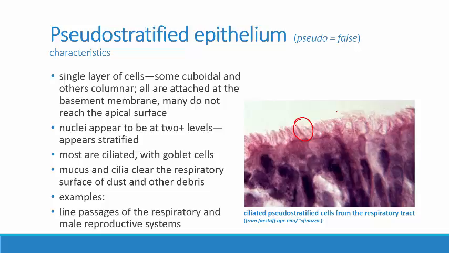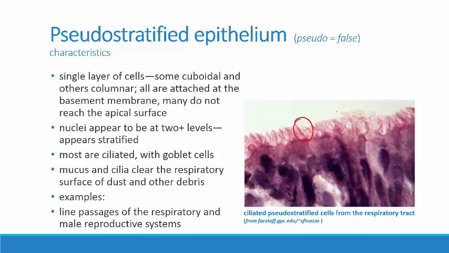So the mucus will kind of glom onto all of the particles in the air that we're breathing, and then the cilia will wave that mucus up the trachea, up into the pharynx, where we can then swallow the mucus plus all the impurities in the air that we're breathing. So those are the simple epithelia.